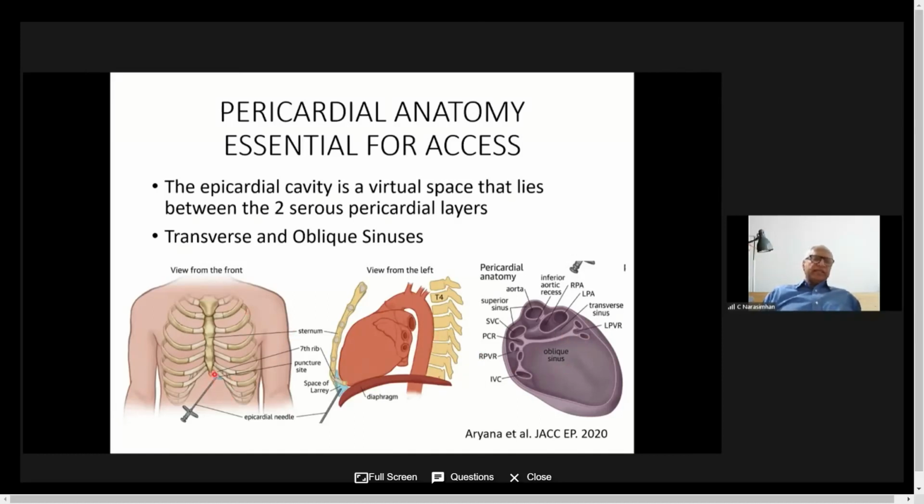Generally, the safest route to access the epicardium is from the subxiphoid process. A French surgeon by the name of Larry used to access the epicardium through this space without going into the diaphragm. There is a potential space between the xiphoid process and above the diaphragm, a very small narrow triangle. If you go through this, you are unlikely to hit any other organs and cause any collateral damage.